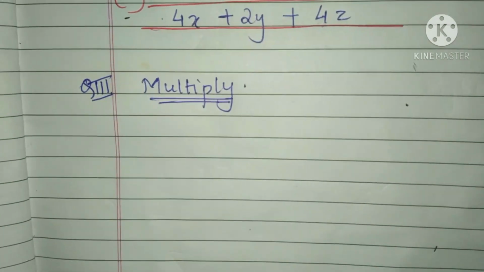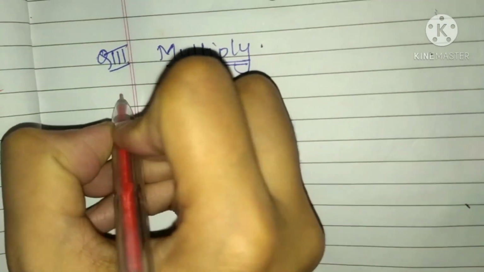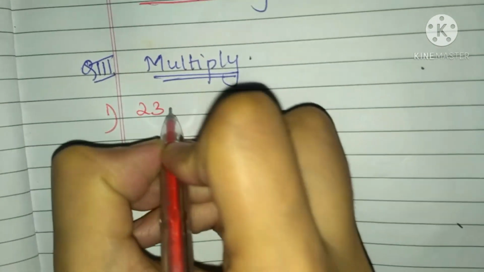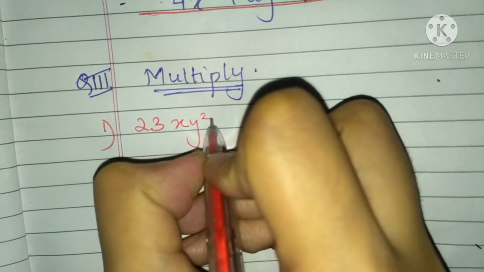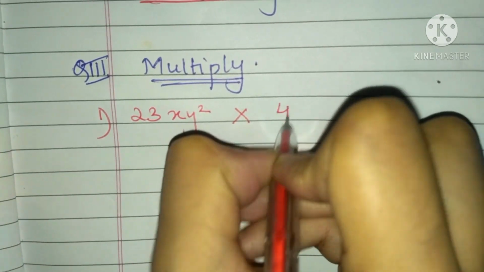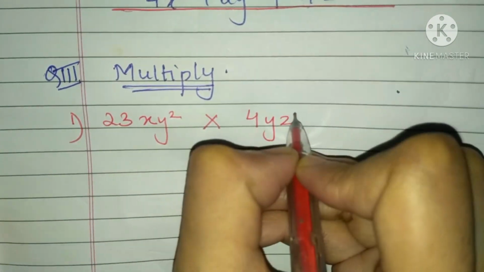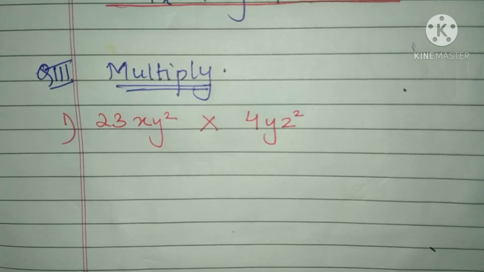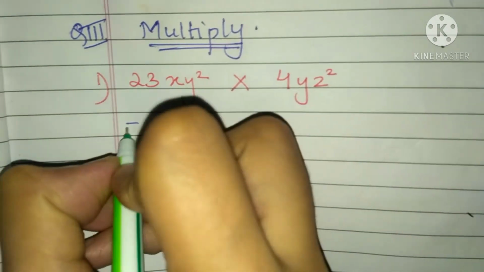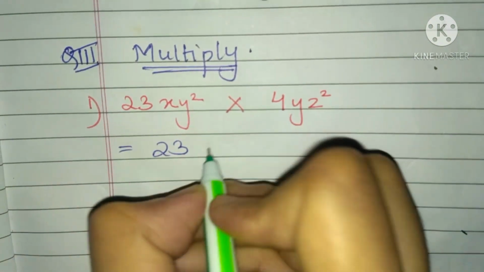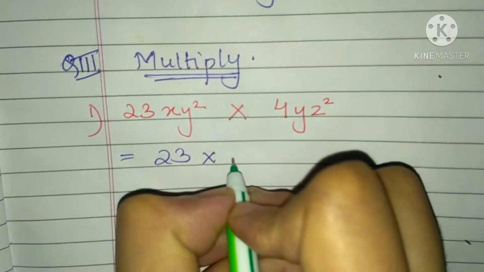Now we will see how to multiply algebraic expressions. As I have told you, you can use any one method, either vertical or horizontal, for addition and subtraction. Now for multiplication, see, multiply 23xy² into 4yz².